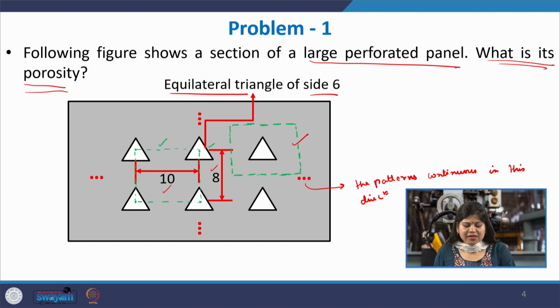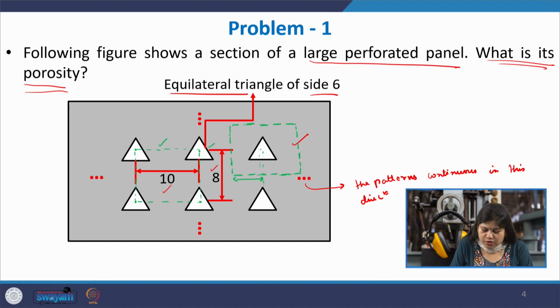From this you can see that within a single primary unit we have one equilateral triangle of side 6, which gives you the area of the perforation. The area of the panel material is given by, over here, taking it midway between four holes.